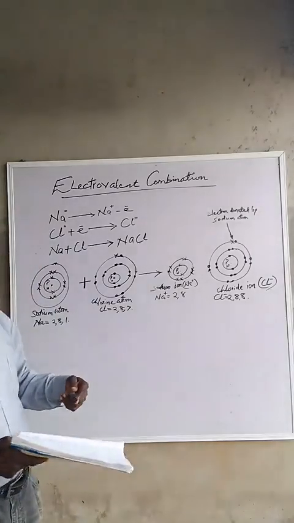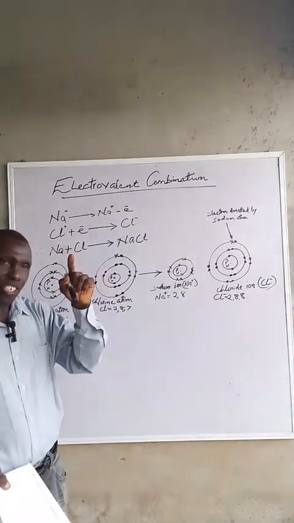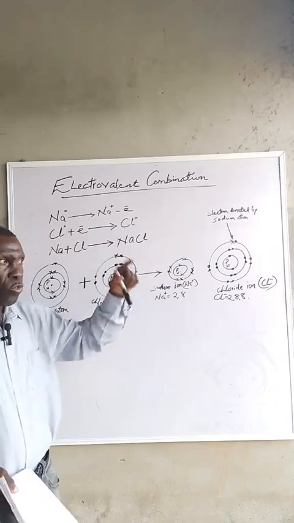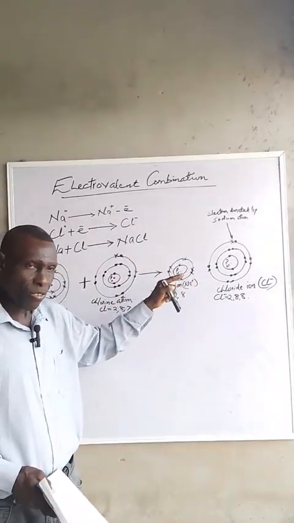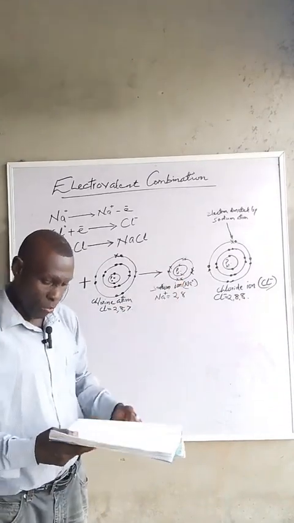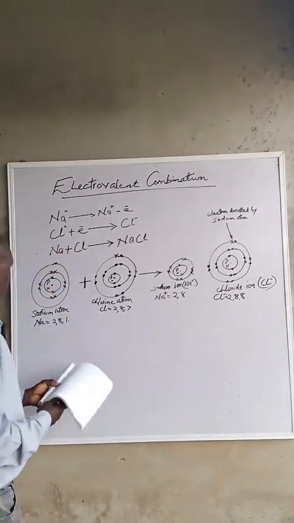So when they agree to combine, sodium will transfer the only electron in the outermost shell to chlorine, and chlorine will accept that electron, and the combination will be done. Now, see on the board here.